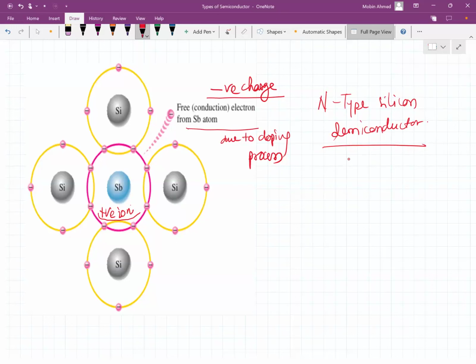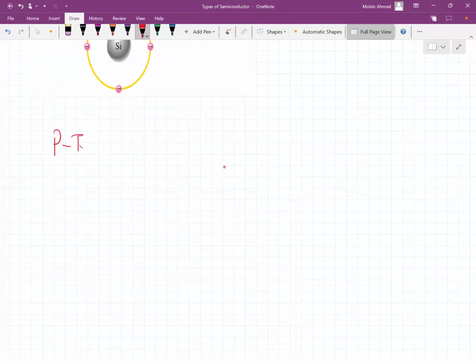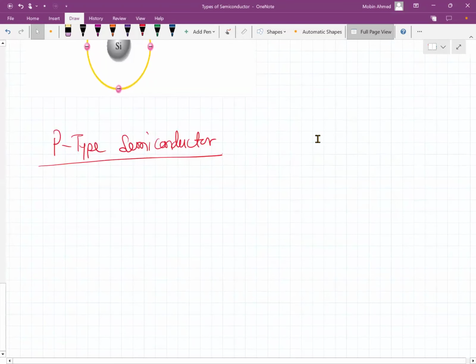Okay. Now next, the P-type semiconductor. Similarly, in the same way, we are going to have the P-type semiconductor.